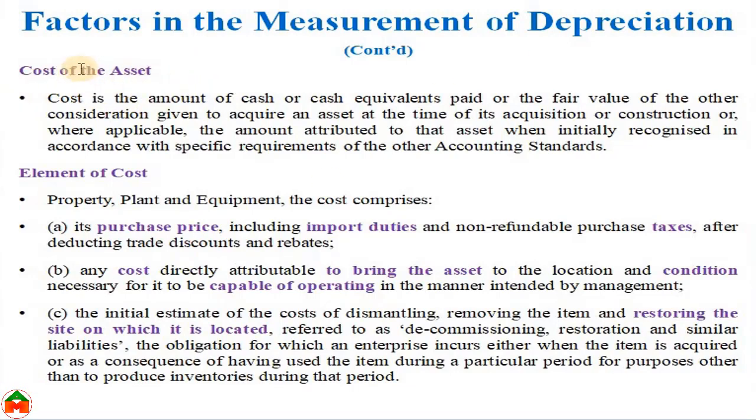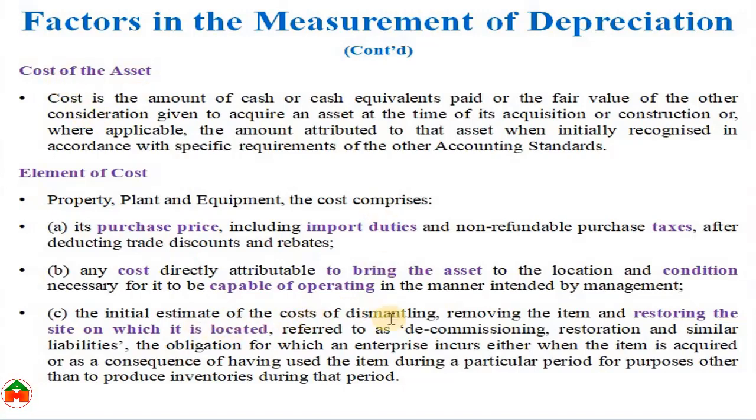In calculating the cost of asset, we have to consider the purchase price of the asset as well as the import duties or any other taxes provided for purchasing the asset should be considered as the cost of the asset. As well as we have to consider the cost for bringing the asset to the location or factory, as well as to make ready for operation is also the part of cost of the asset.